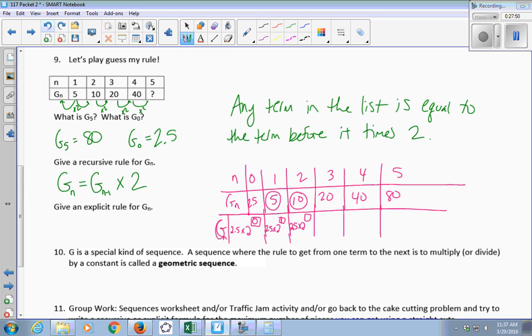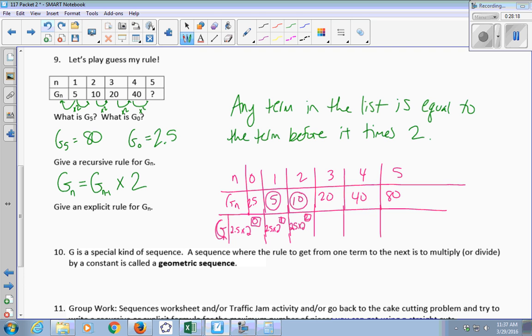If I want to start with 2.5, how many times do I double it? What happens if you start with 2.5 and you double it once? What do you get? 5. Double it again. What do you get? 10. You want to double it twice.